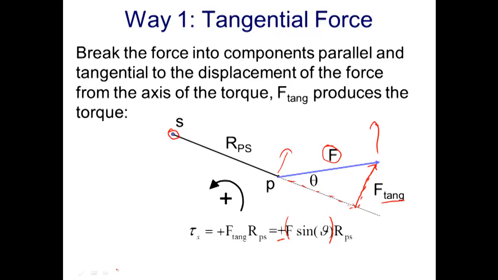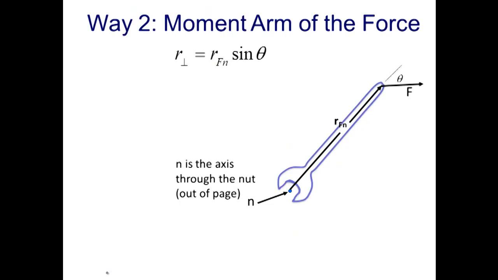The second method that we're going to describe is the moment arm. The idea of the moment arm is that we first think of what's called the line of force. We imagine that the force acts along this line, and we can call this the line of force. The point here is we want to take the perpendicular to that line, and this distance is what's called r perpendicular, or the moment arm.